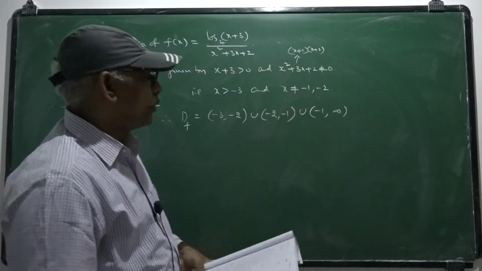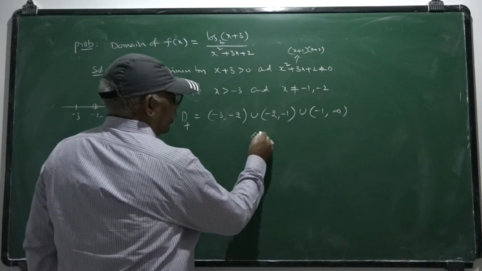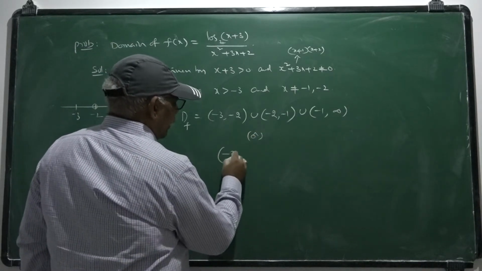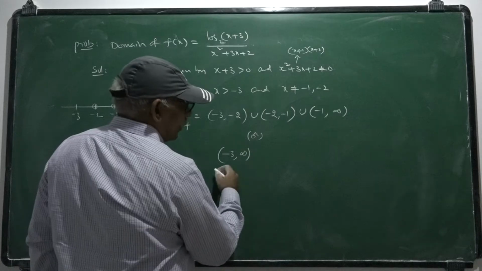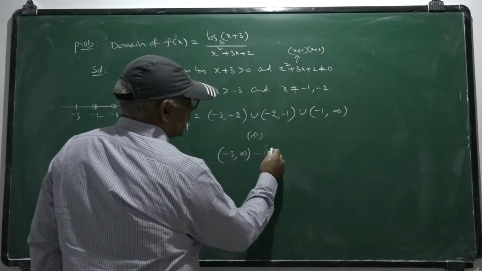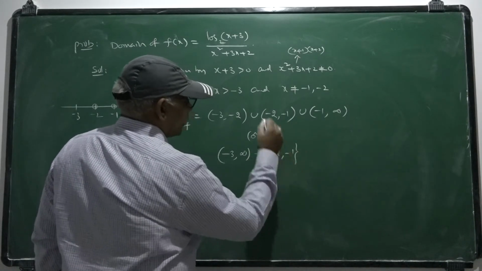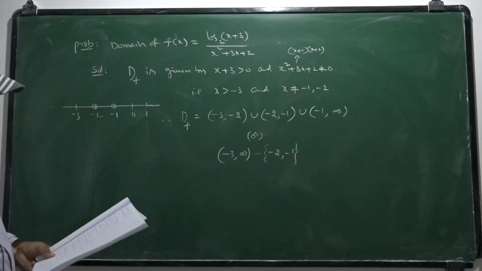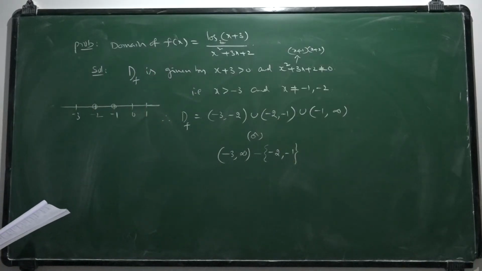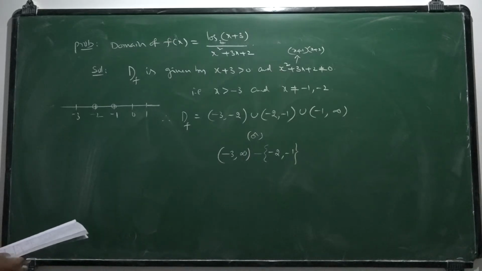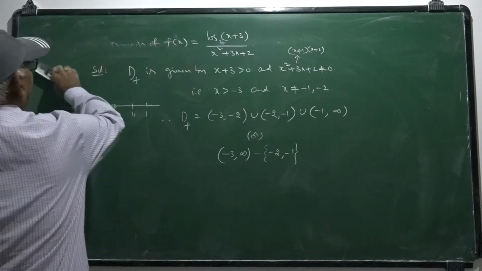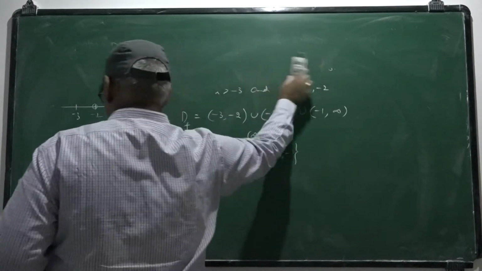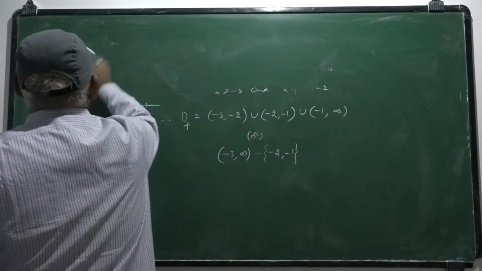Or you can take it like this: the open interval minus 3 to infinity minus the set that consists of the elements minus 2 and minus 1. That is the domain of the given function. Given in IIT 2001.